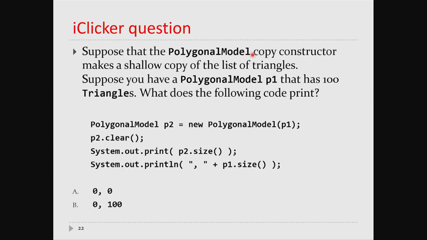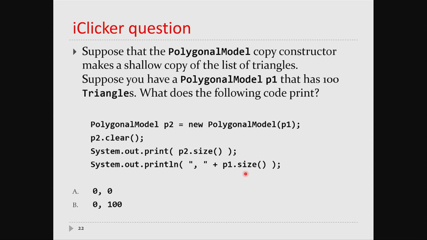Okay, so using our new copy constructor, I'm going to make a copy of some other model. If the first model has 100 triangles in it, what does this code print? So P2 makes a copy of P1. Then clear the list of triangles using P2. When you print out the size of P2, that had better be 0, because I've cleared the list of triangles.